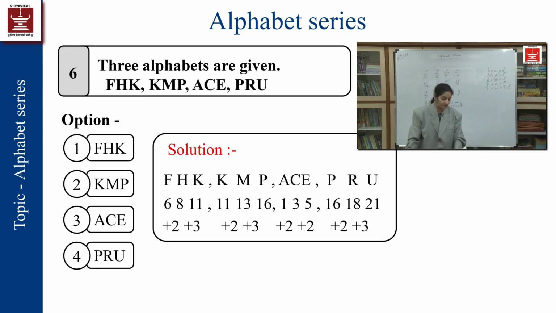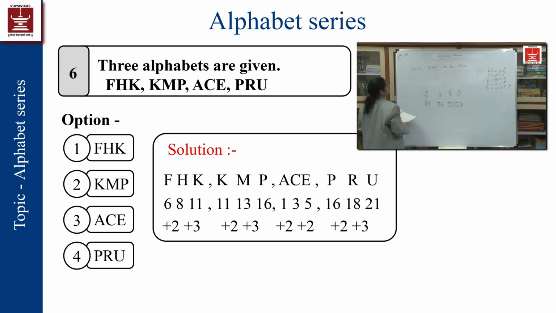F, H, K, K, M, P. Just write down if you want so that it becomes easy for you to be with me. If you have it in front of you. So it is F, H and K, K, M, P, A, C, E and P, R, U.